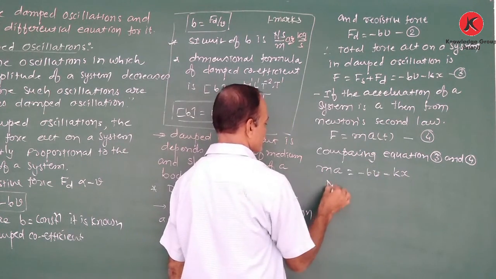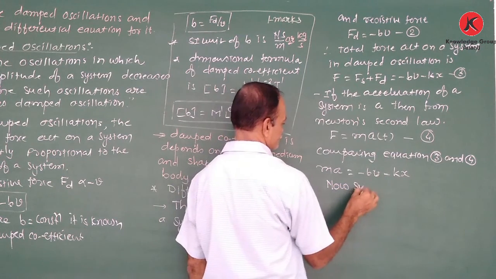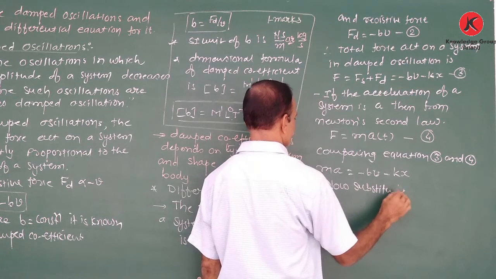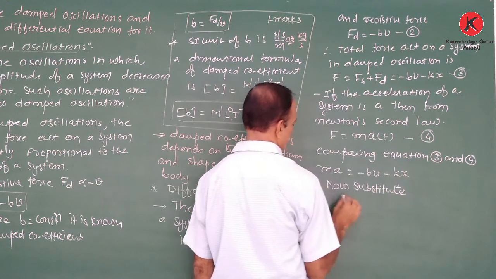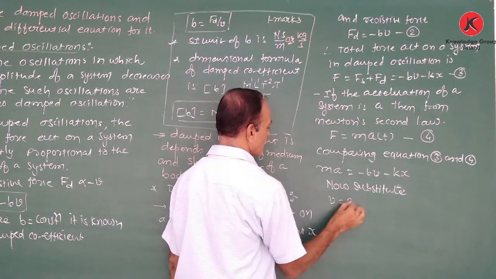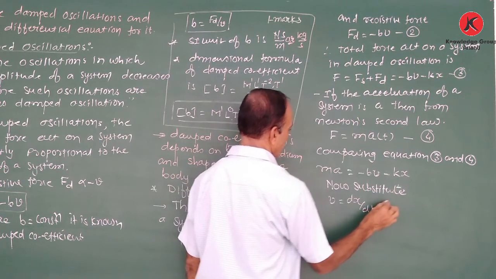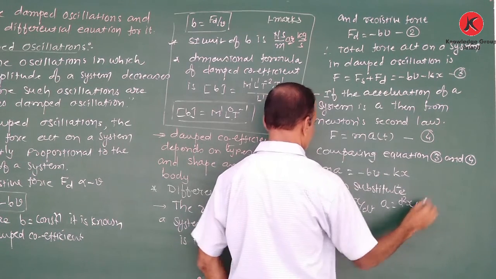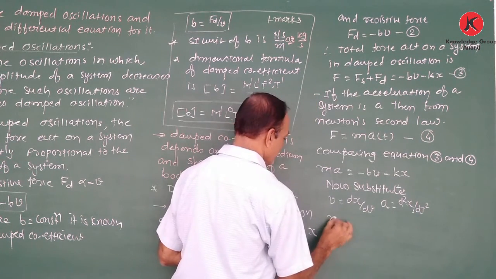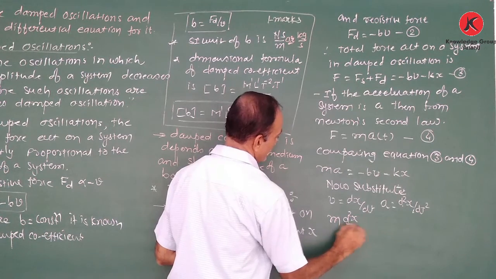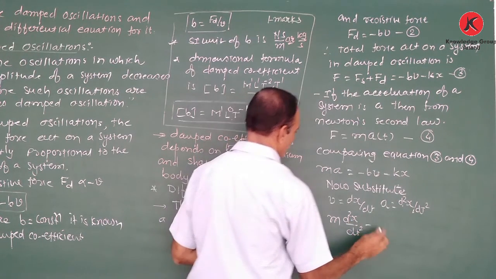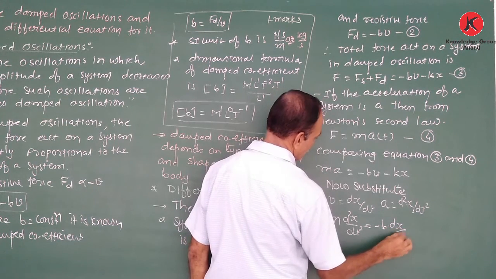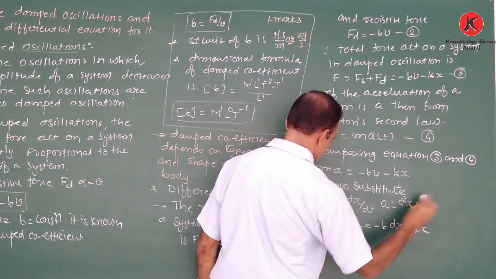Now substitute v is equal to dx by dt and acceleration is equal to d square x upon dt square. Therefore, m into d square x upon dt square is equal to minus b dx by dt minus kx.